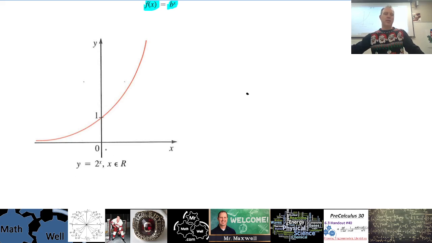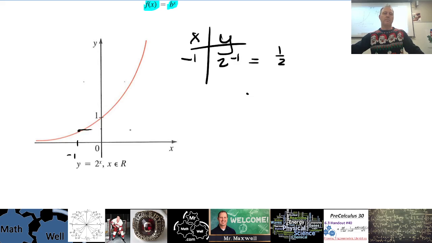If we make a table of values, x, y, then if x was -1, this would be 2 to the -1, or 1 over 2. So at -1, we have 1/2. And at 0, 2 to the power of 0 is just 1.